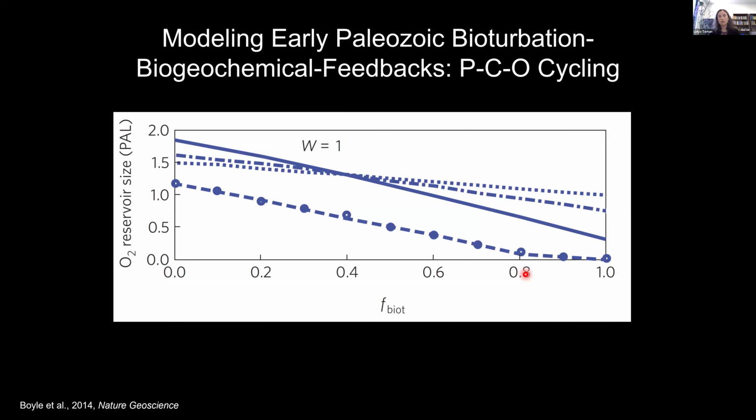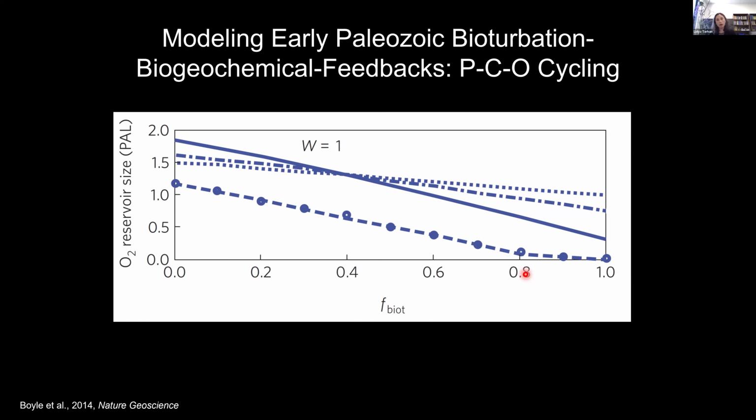So to start with the first of these, a number of recent studies that have used geochemical modeling to explore the relationship between early Paleozoic bioturbation and contemporaneous phosphorus, carbon, and oxygen cycling have tended to simplify this biogeochemical cycle to essentially a bimodal system, whereby in anoxic settings, it's been assumed that phosphorus delivered to the seafloor with organic matter is preferentially recycled back up to the overlying water column due to anaerobic degradation of organic matter and release of organic-bound phosphorus.